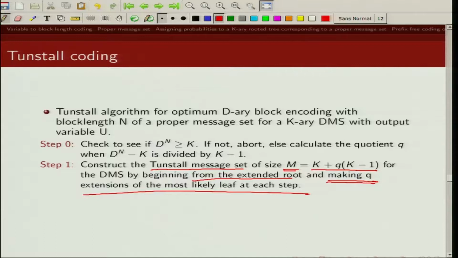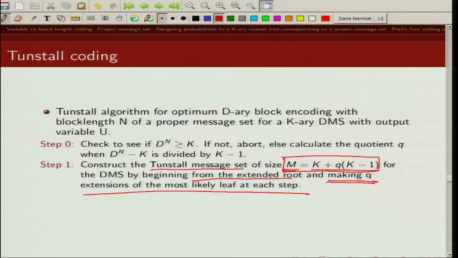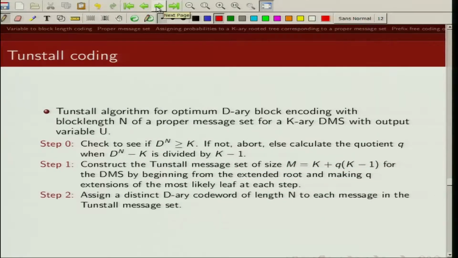Please recall, in case of a Tunstall message set, we extend the most likely leaf, and to get a Tunstall message set of size M, we need to do q extensions of the extended root. So each time we are going to extend the most likely leaf, and once we have formed these messages, we are going to assign a distinct code word to each of these messages.